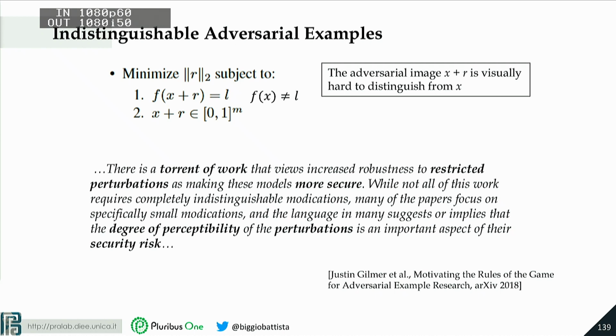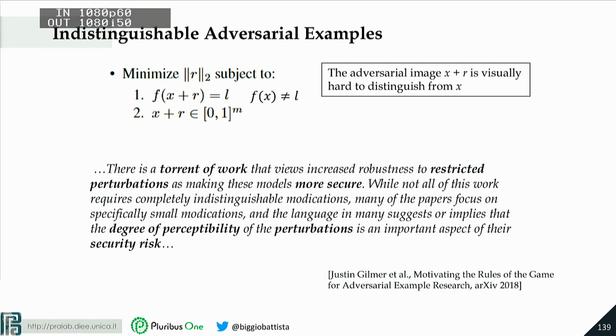Of course, there are cases in which we need indistinguishability. For example, if you are at the border control and there is a face recognition mechanism which is supervised by the policeman, they can be instructed to ask people to remove glasses or these kinds of things, especially if they have these fancy patterns on them. So in some cases, it may be required for the adversarial examples to remain indistinguishable, but in most applications, it's not required.